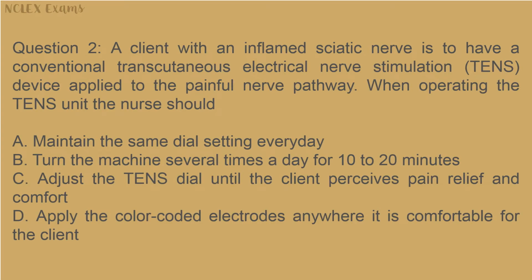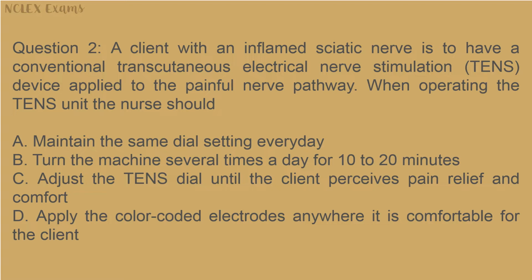Question 2. A client with an inflamed sciatic nerve is to have a conventional transcutaneous electrical nerve stimulation (TENS) device applied to the painful nerve pathway. When operating the TENS unit, the nurse should A. Maintain the same dial setting every day. B. Turn the machine on several times a day for 10 to 20 minutes.